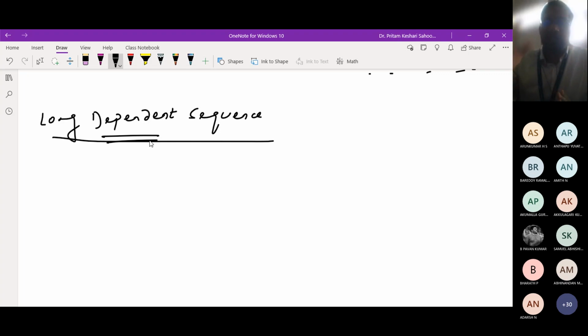If a source is emitting some set of symbols, and among all the set of symbols, any particular symbol is dependent on the previous q number of symbols, then that kind of source is called qth order Markov source.